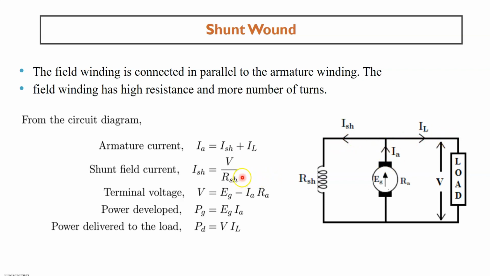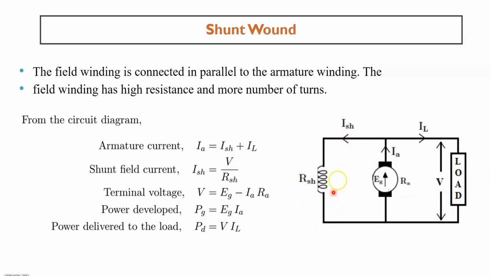Now we know that for a parallel connection the voltage is the same. The field winding is connected in parallel with the armature winding, and again in parallel with the load. So these three are in parallel. That means the voltage across the load V is equal to the voltage across the field winding.